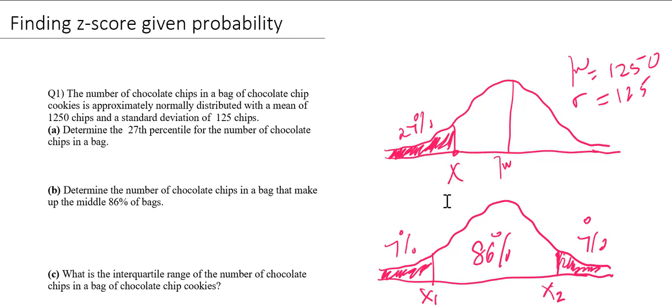And we need to find out how to find this x value. There are two ways to find the x value: one way using the calculator, and another way using the table, the standard normal table. I'm going to show you first how to do this one using the calculator.